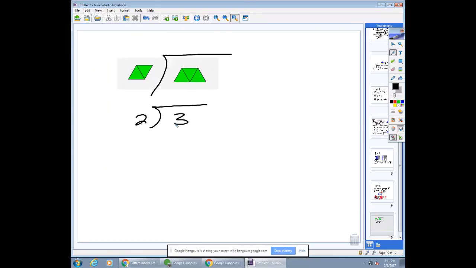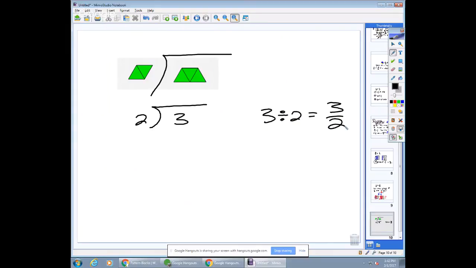Agreed? If 2 goes into 3, the other way to write this with division would be what? So here's a goes into symbol. How would I write this with a division symbol? It would be 3 divided by 2. Or couldn't I write it this way, 3/2?